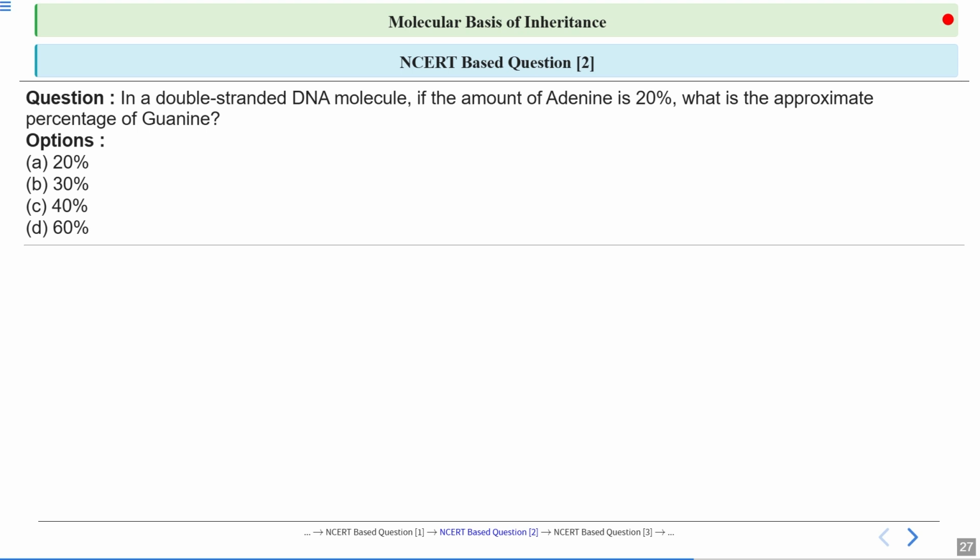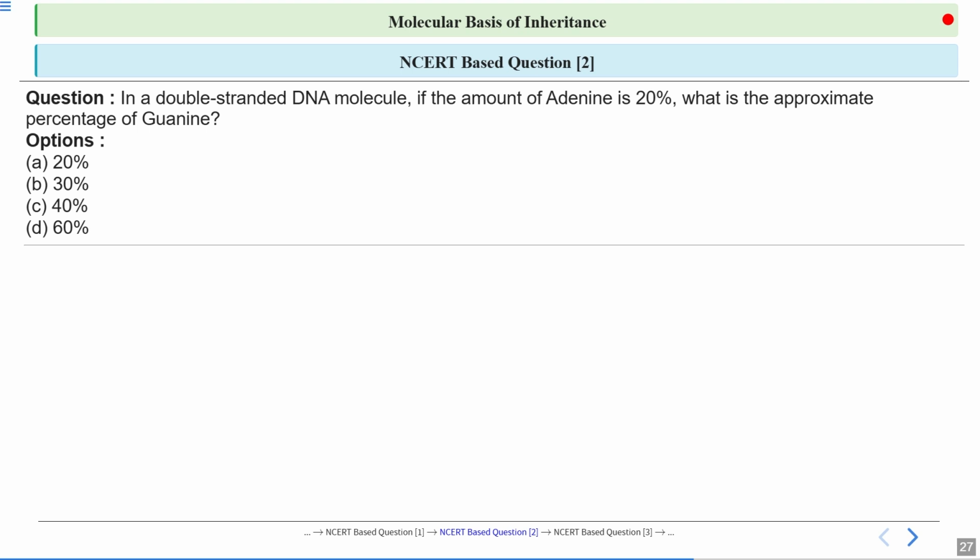So here you need to understand that adenine is 20%. As we know, adenine is going to base pair with thymine only, and we know that A equals T. So if adenine is 20, then thymine will also be 20.